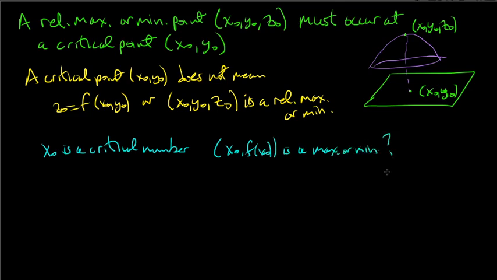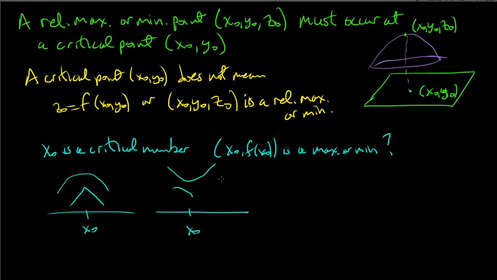It could be. If this is your critical number, it could be because you have a maximum, or it could be a point where it's not differentiable, or it could be a minimum. So something like a valley like this, or a cusp like this.